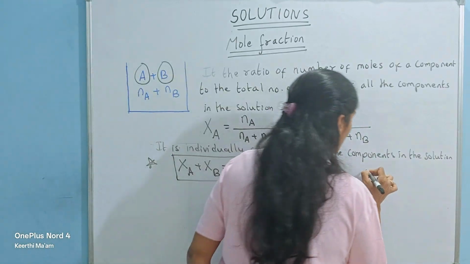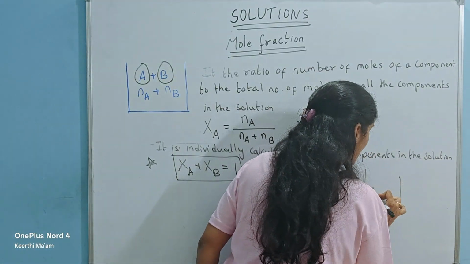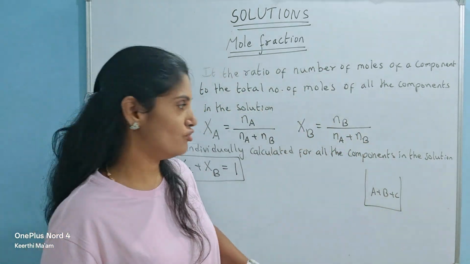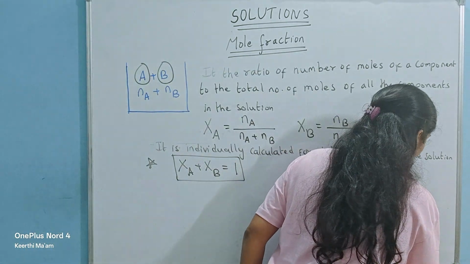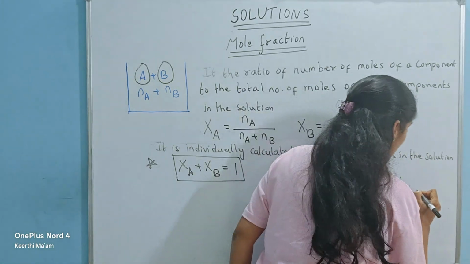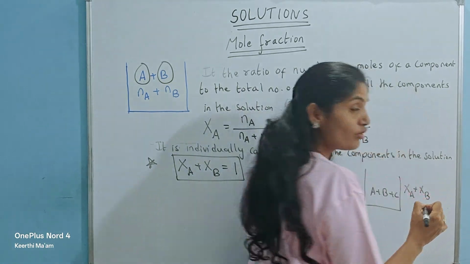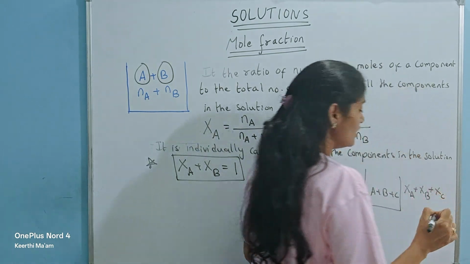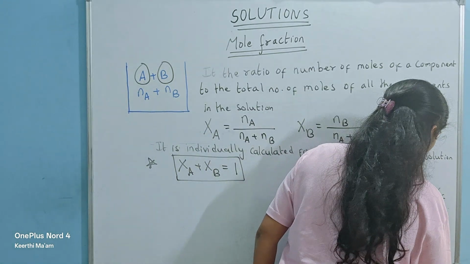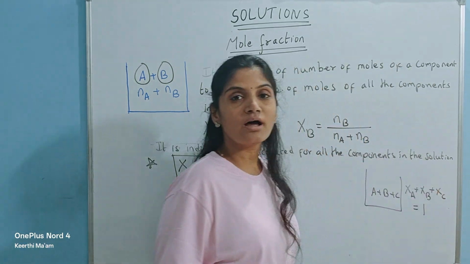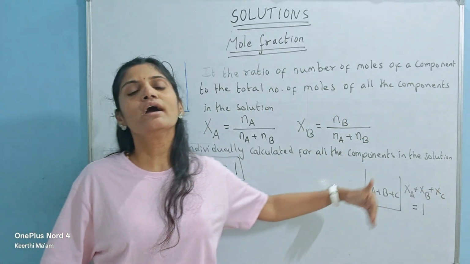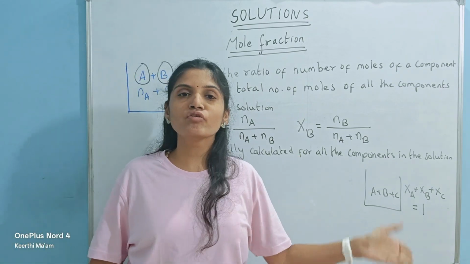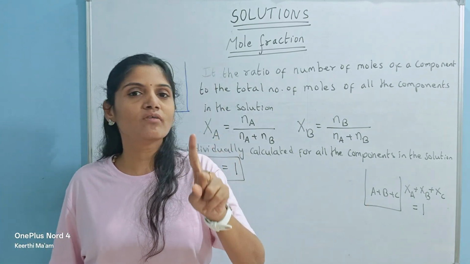For example, if I take a solution in which I have components A plus B plus C, like I am taking a tertiary solution, individually I can calculate mole fraction of A, of B, and of C. Now when I add all these mole fractions, the total sum is equal to 1. However many components there might be in the solution, the sum of the mole fractions of all the components will always be equal to 1.